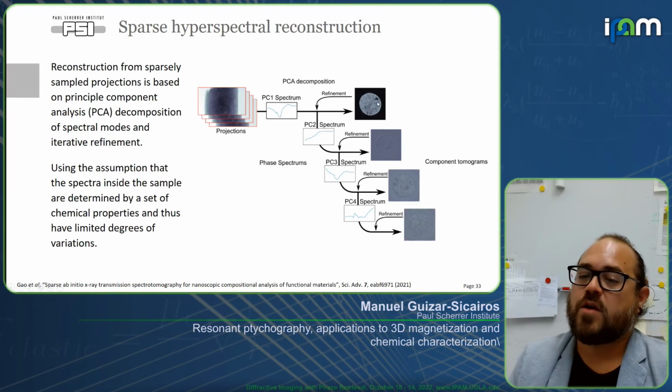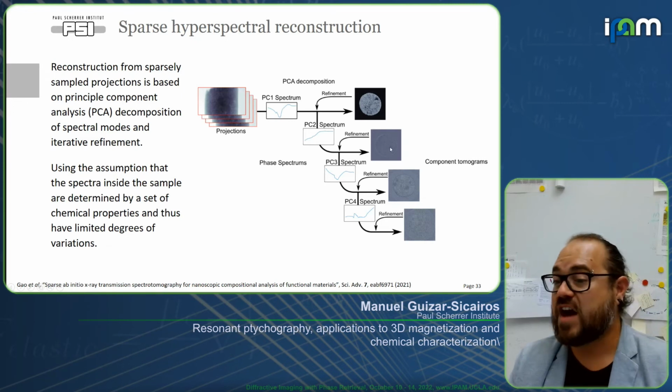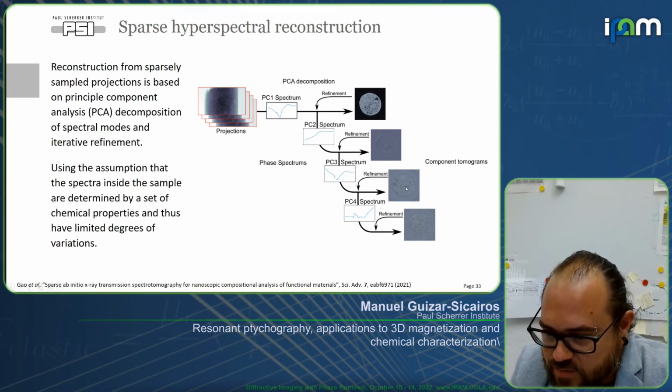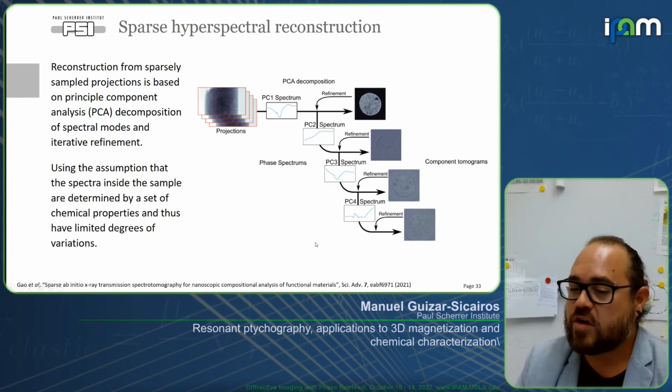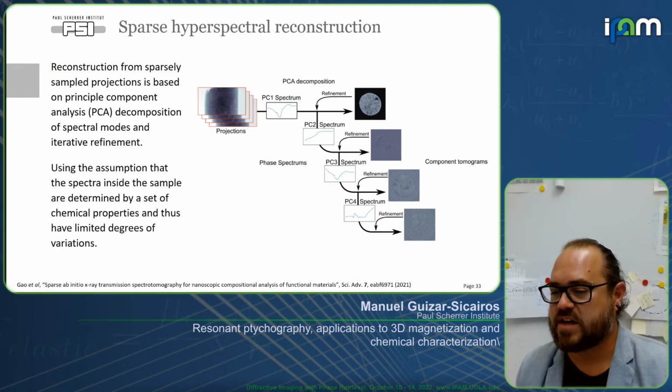Once it converges, we remove this component from the data and refine the second component. Then we refine the third one, where you can see some differences in the sample. Then the fourth one, and after the fourth one, we found that the fifth one was basically noise.